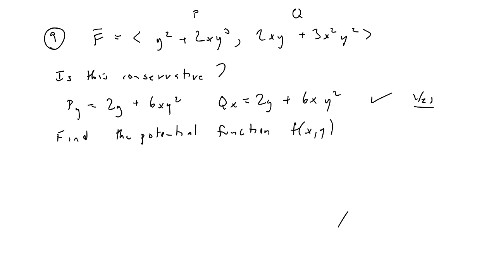So therefore, let's find the potential function. And how do I do that? Actually, let me start, because it's hard to write the symbols. f, we would assume, is the derivative with respect to x, which means that f would be the antiderivative of P with respect to x.